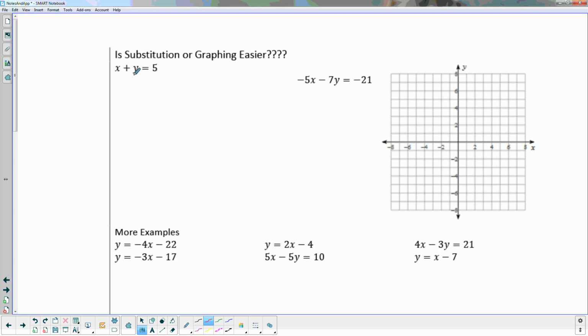I'm going to use my cover-up method, which we haven't really talked about, but basically I'm going to cover up y, and I get the equation x equals 5, and that tells me I get a point here at x equals 5.